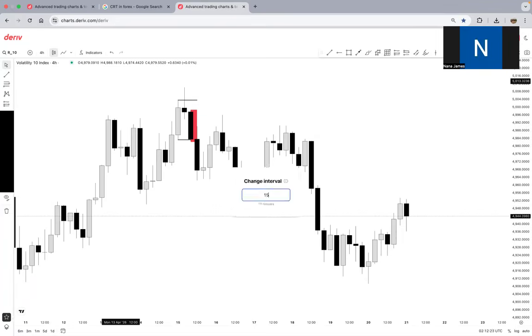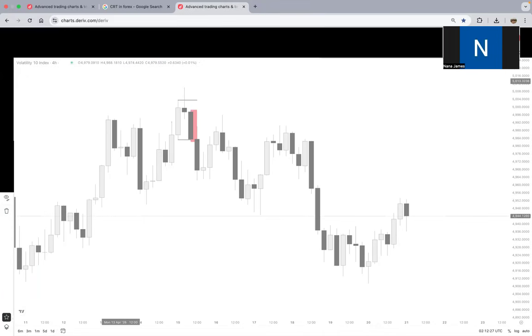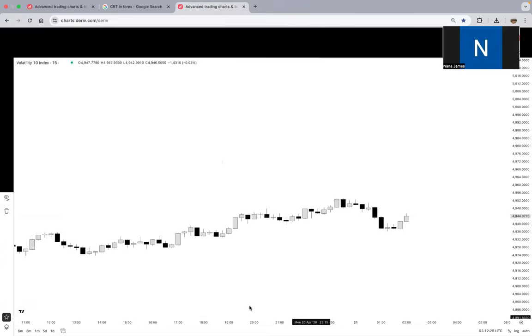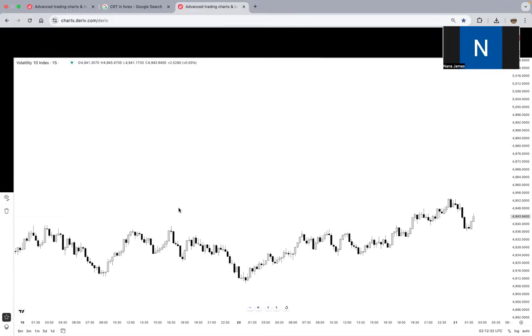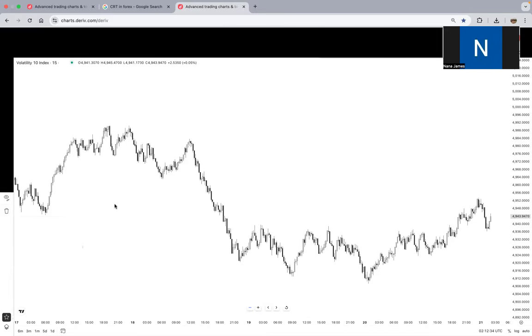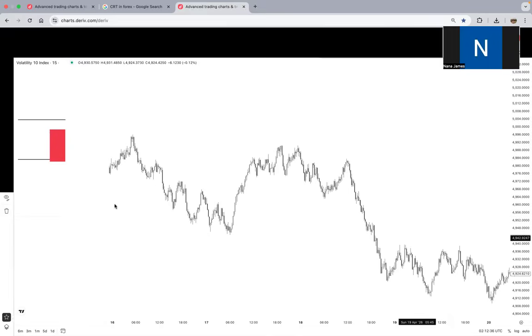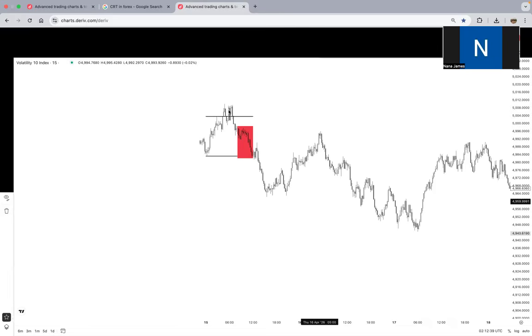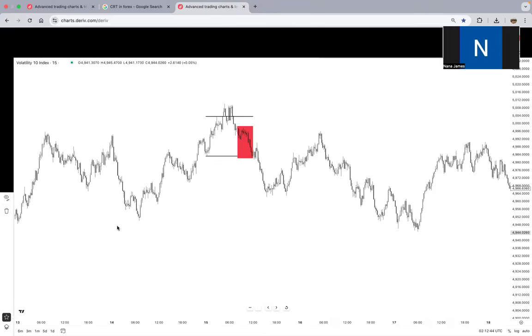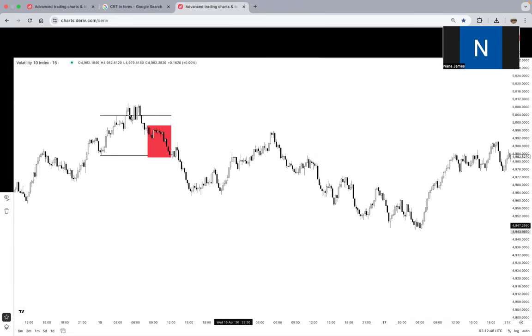But as soon as candle two closes, we are going to switch from the 4 hour time frame to the 15-minute time frame for our entry. So we are on the 15-minute time frame, and we are going to look for our entry. So you see that this was where price went above the high of candle one and closed back within the range.